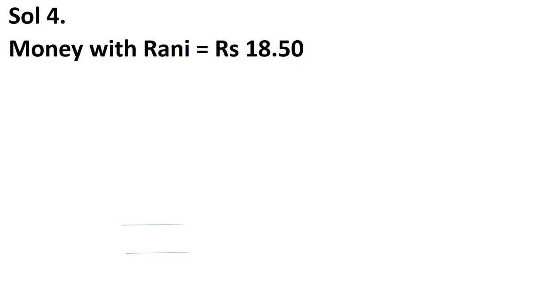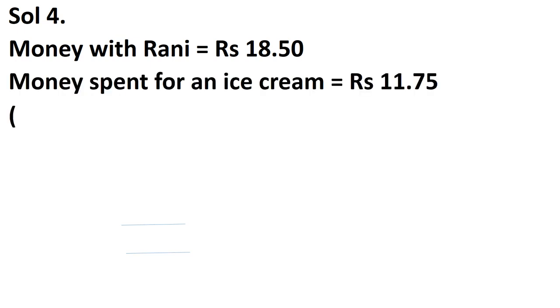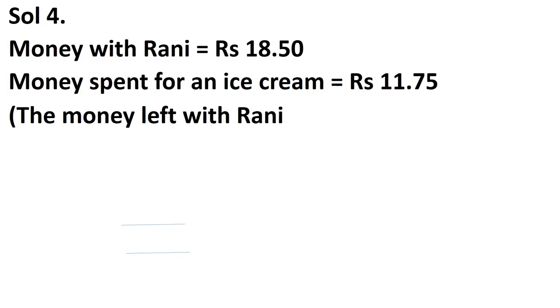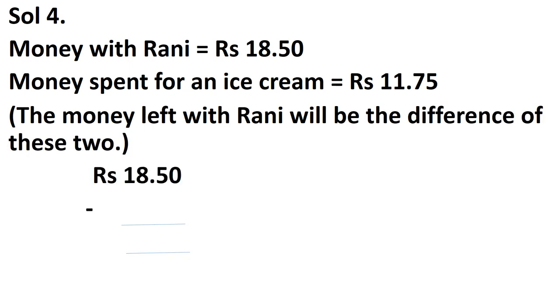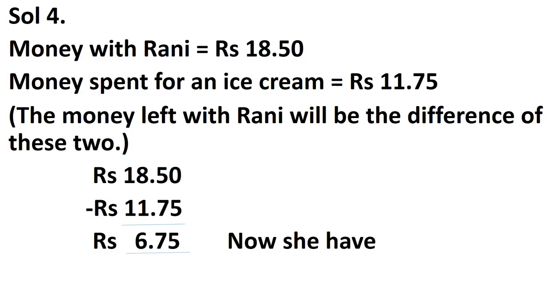So what is the balance amount she has now? That means we have to subtract. Same as question number 3. The money left with Rani will be the difference of these two. Here is the subtraction. Rupees 6.75 is the answer.